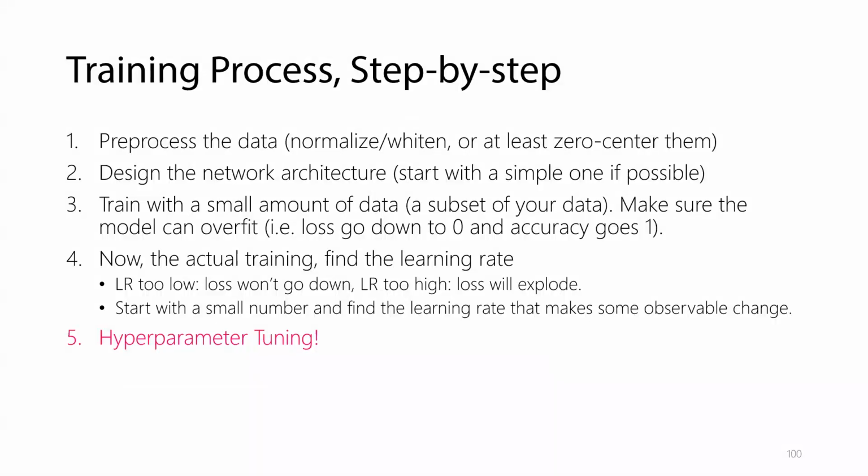Professor Kana yesterday mentioned the difference between hyperparameter versus parameter, right? We already practiced and know how to identify hyperparameters. So once you settle on the learning rate, it's time to tune hyperparameters. This is the general advice that I want to give you.